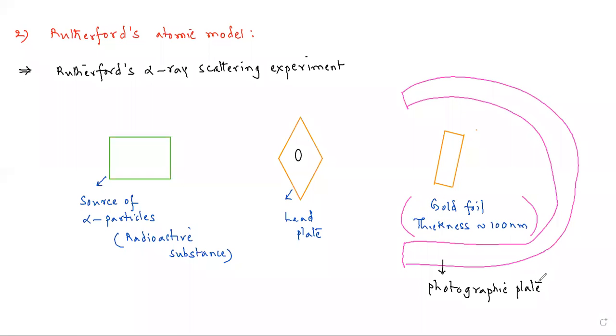Now, consider the alpha particles coming from the radioactive substance. They are allowed to pass through the slit and of course fall on the gold foil.